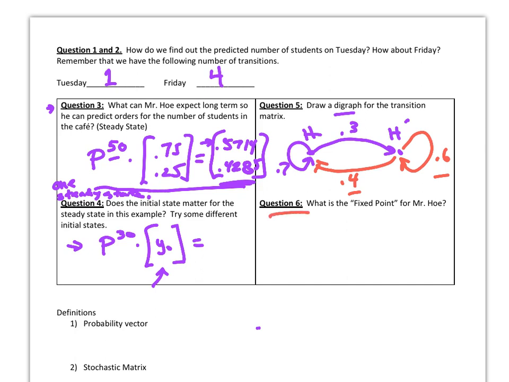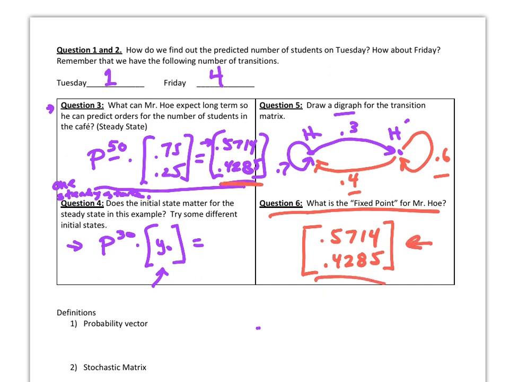And then we have a question here. What's the fixed point? So if Mr. Ho started with something, is he going to finish with that same value? Think about that for a minute, and I think you can figure that out. What is the fixed point for this situation? Sure, if I started off with whatever my steady state is, then I would end up with the fixed point.